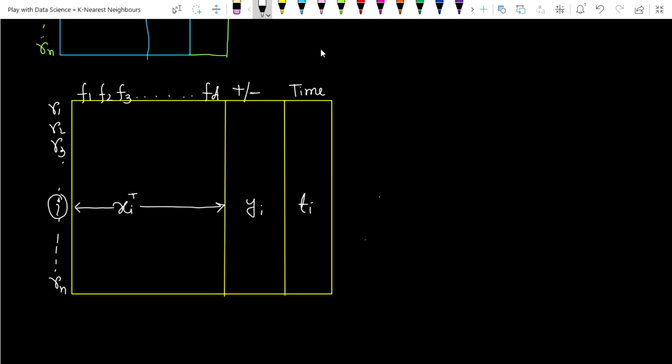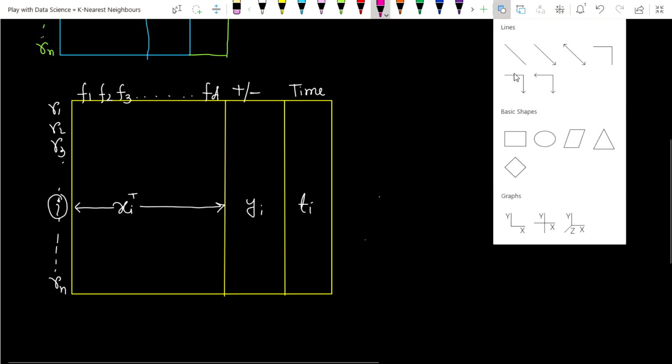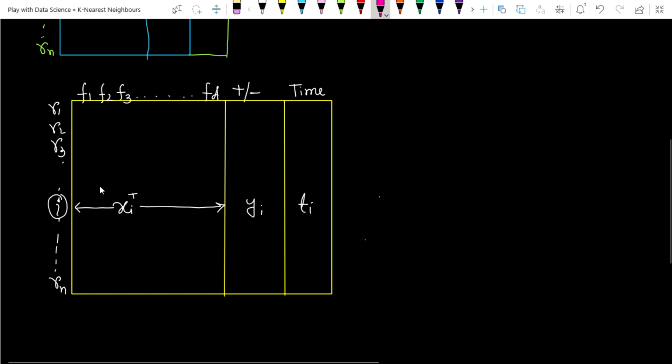So the partition procedure will be like this. First we have to sort this data. Our first job is to sort this data according to our time, from old to new, old time to new time, according to the time column.